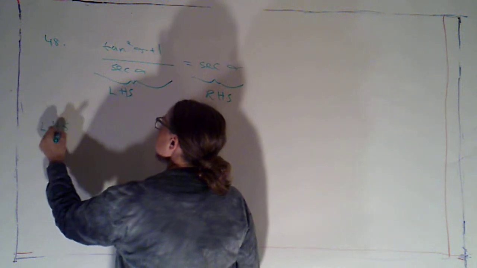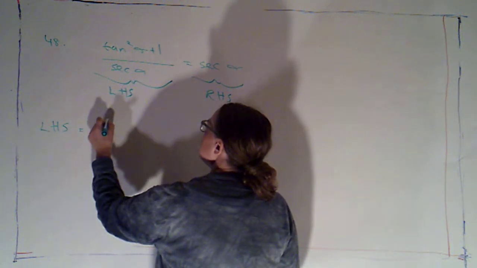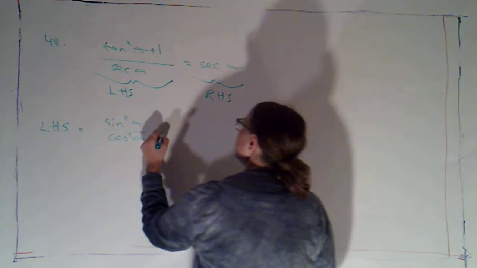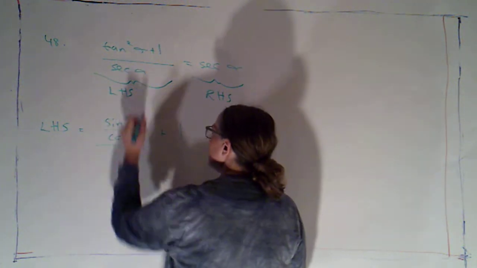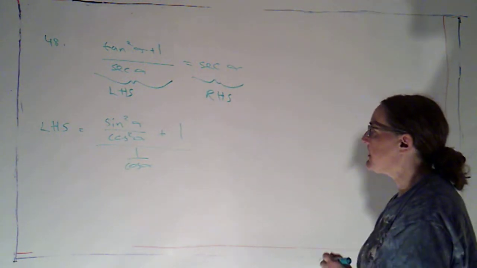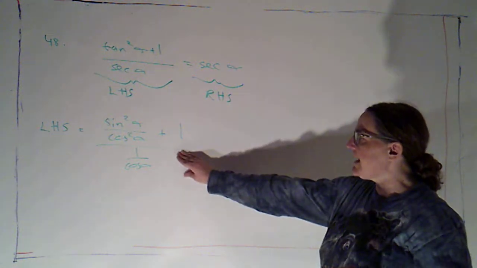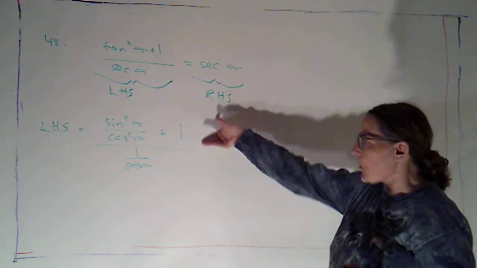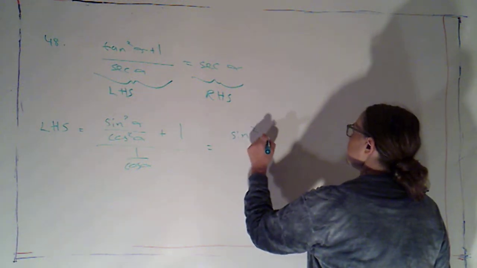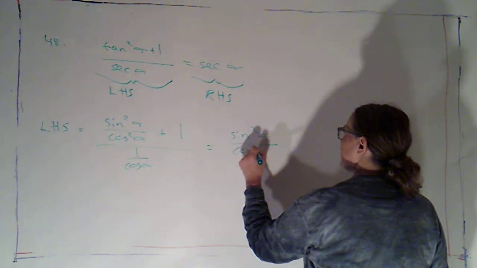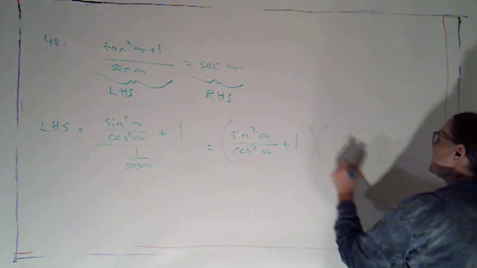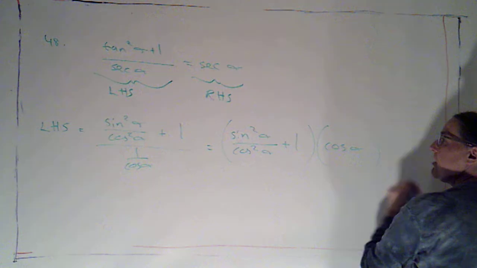So if I did it that way, I'd say the left-hand side is tangent squared becomes sine squared over cosine squared plus 1 all over 1 over cosine of alpha. So now I'm dividing by a fraction, so I can flip and multiply. So this is going to be sine squared alpha over cosine squared alpha plus 1 times cosine of alpha.